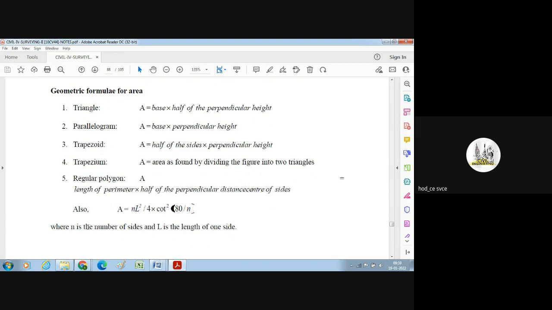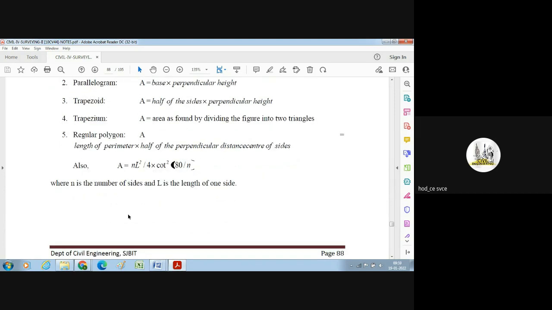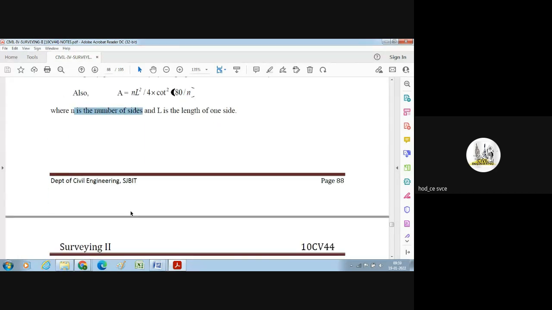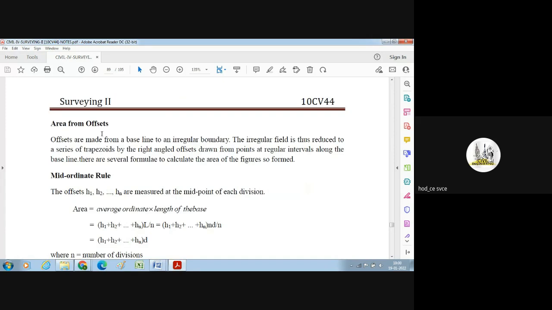The figure will decide the formula. N is the number of sides and L is the length of one side. See here. Next, area of the offsets.